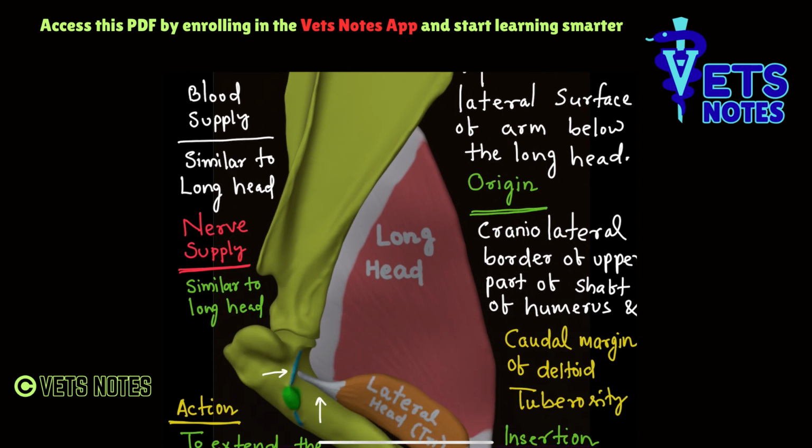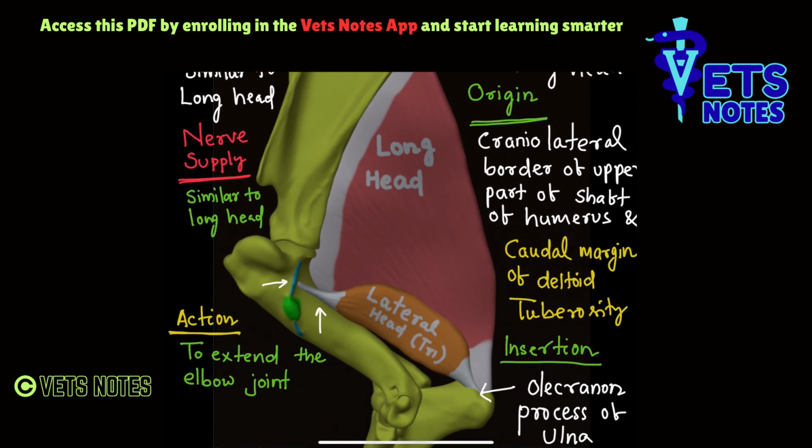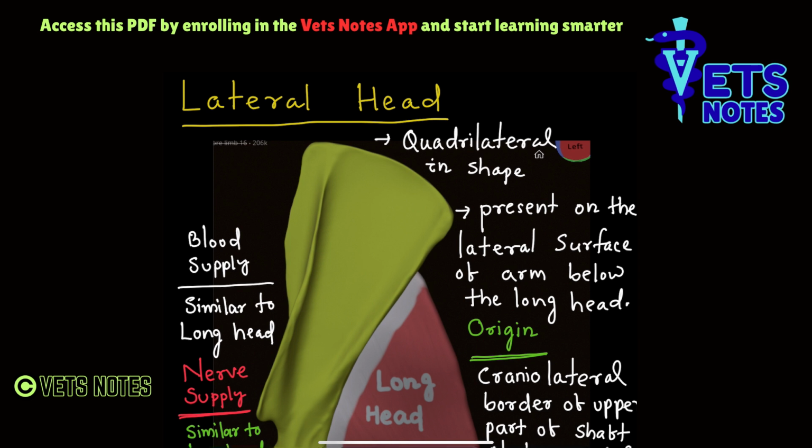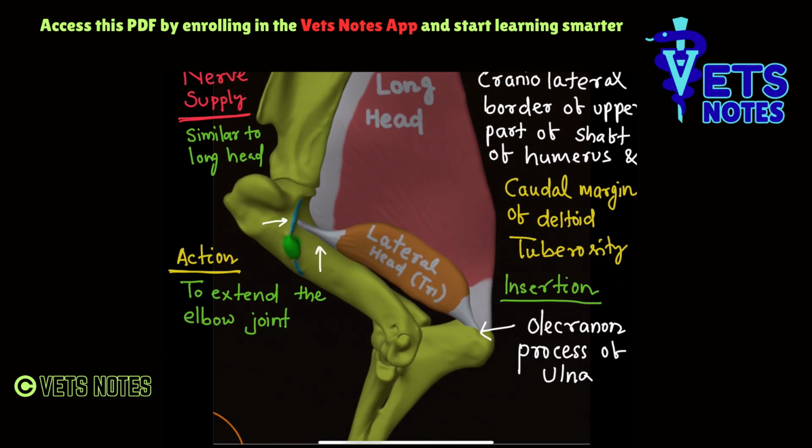Lateral head. Okay, you can see this one. So this one is the lateral head of Triceps Brachii. Somewhat quadrilateral in shape. It is present on the lateral surface of arm below the long head. So this one is the lateral head of triceps.